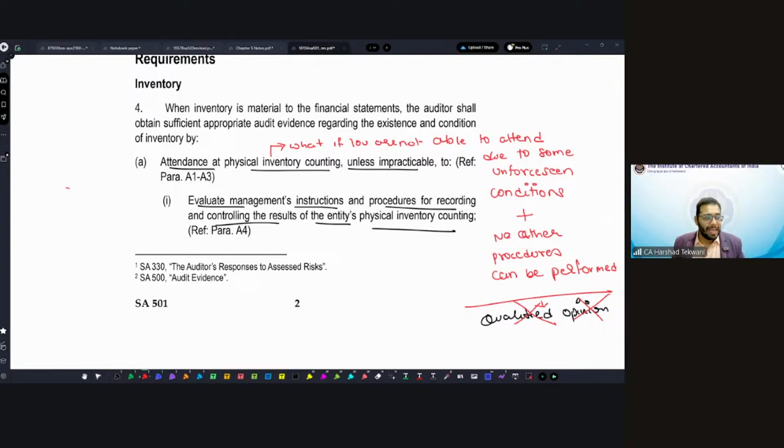So in that case, you cannot say that you are not able to achieve the objective just because you don't want to apply the procedure or cannot apply the procedure. See, difficulties and impracticability are different.